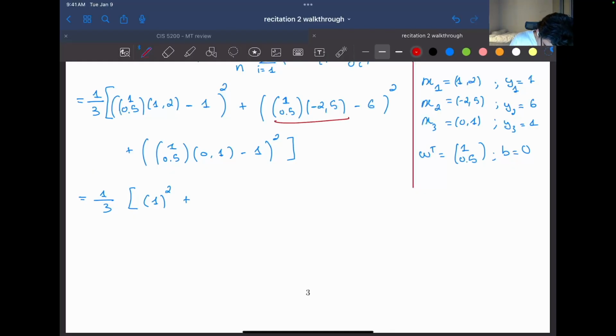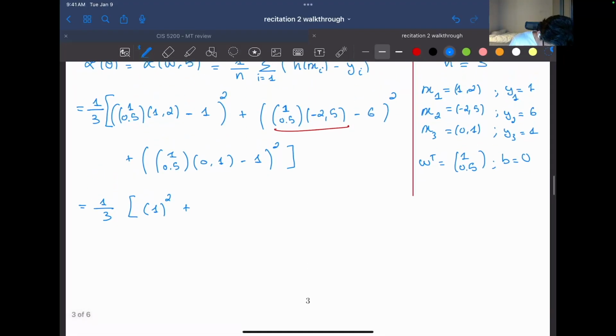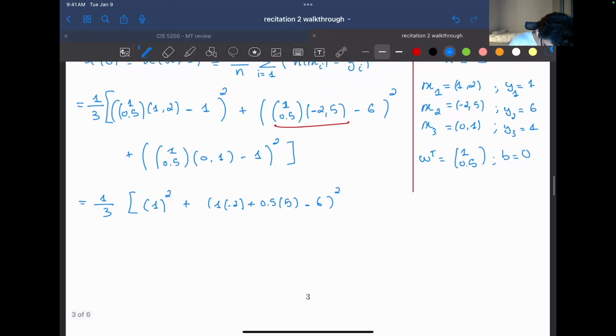Plus. Now let's compute this guy. This guy is 1 times minus 2 plus 0.5 times 5, minus 6, squared. Okay, now I'll just write everything out. Let's compute this guy here. 1 times 0 plus 0.5 times 1, minus 1.